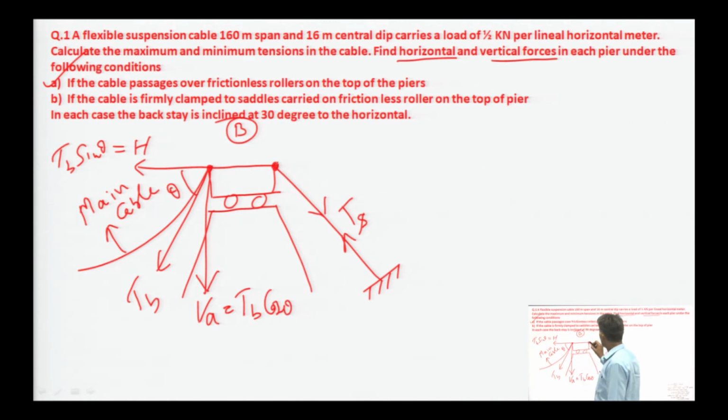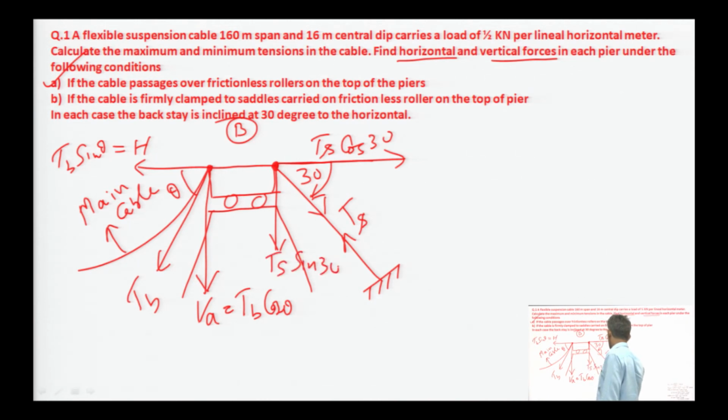Resolve this force, this T S also. In the question, it is given that this angle is 30 degree. So, resolve this force in vertical and horizontal direction. So, this is T S cos 30 and this is T S sin 30.